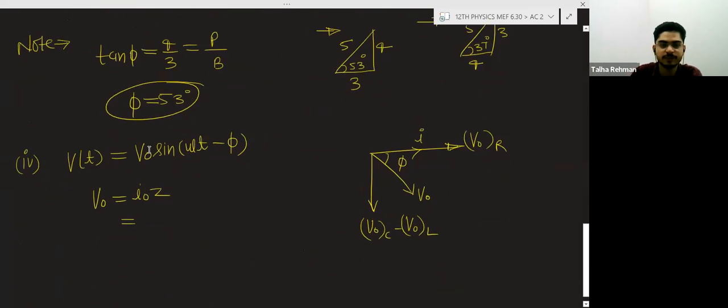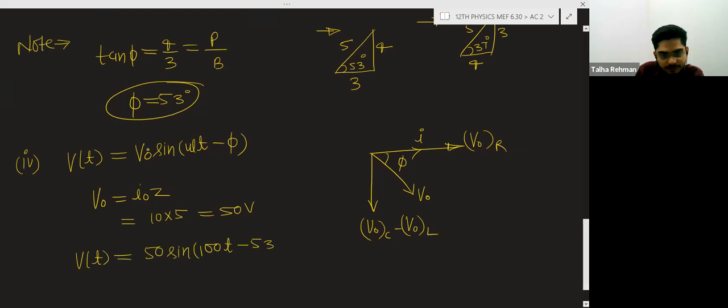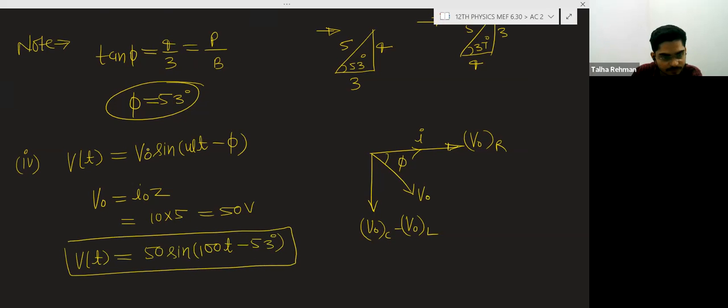Z is 5. So basically your V naught will be 50 volt, and omega we know 100. So equation of the voltage at any time t is V naught is 50 sine omega is 100 t minus 53 degree. So this is the equation of the voltage at any time t.